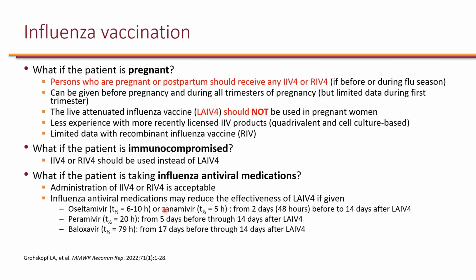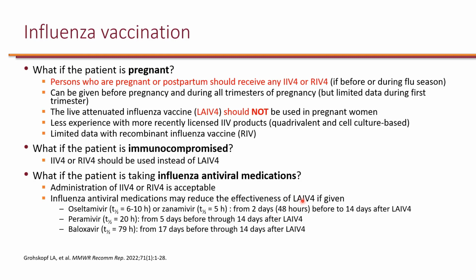So in general, the live attenuated influenza vaccine will have reduced effectiveness if oseltamivir is taken within 2 days before and up to 14 days after. So in other words, if somebody is taking oseltamivir for an actual infection or for prophylaxis or whatever reason, and they are to receive a live attenuated, they should wait 2 days after discontinuing oseltamivir to start vaccination.